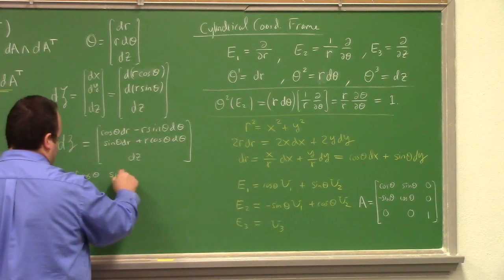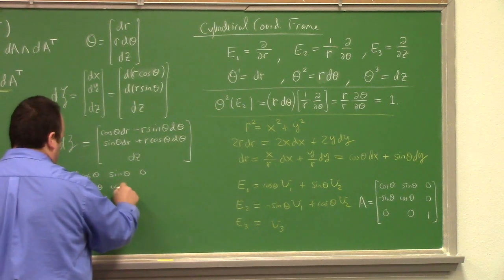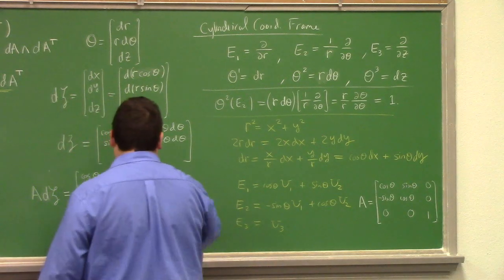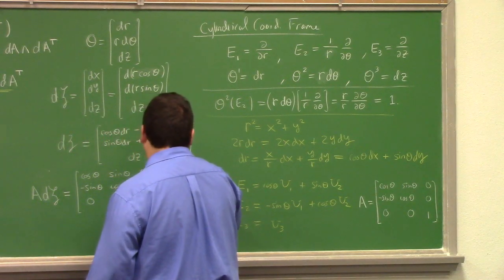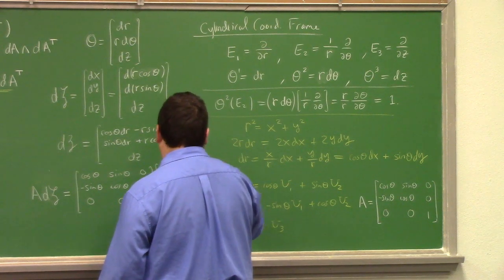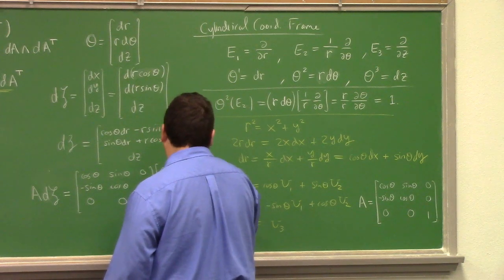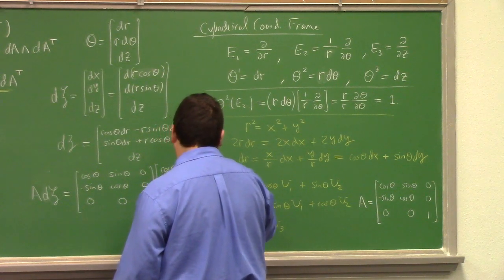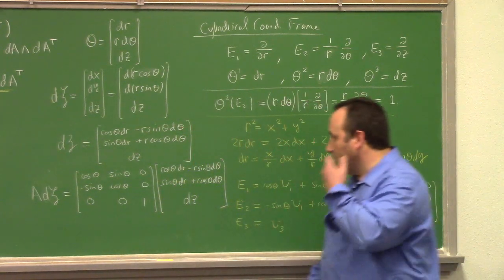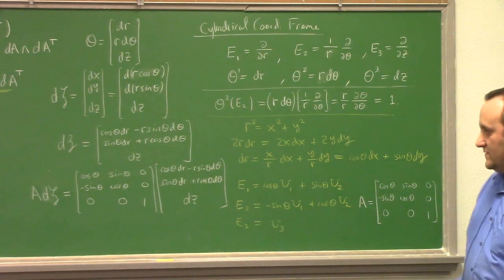Cosine theta, sine theta, 0, minus sine theta, cosine theta, 0, 0, 0, 1, times this one. So does that actually square with what we found?